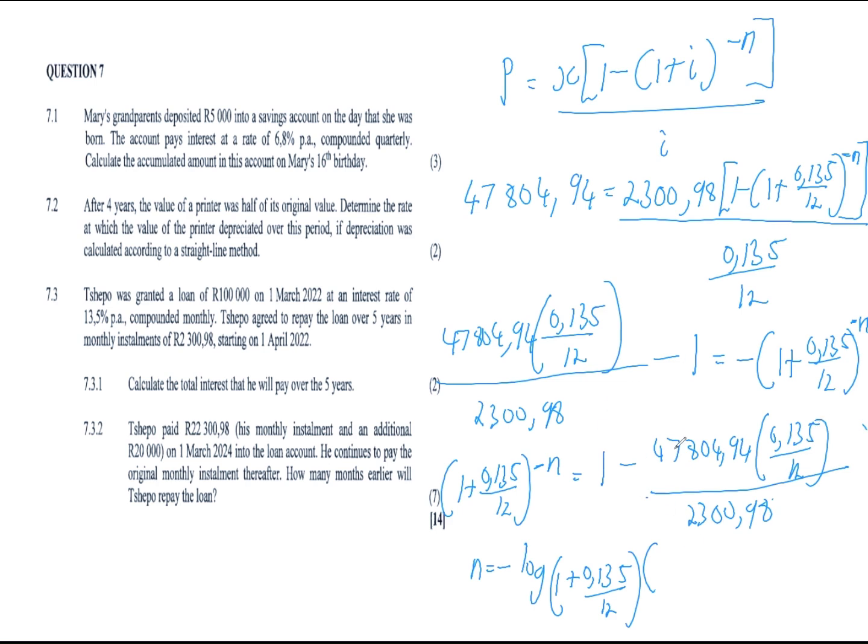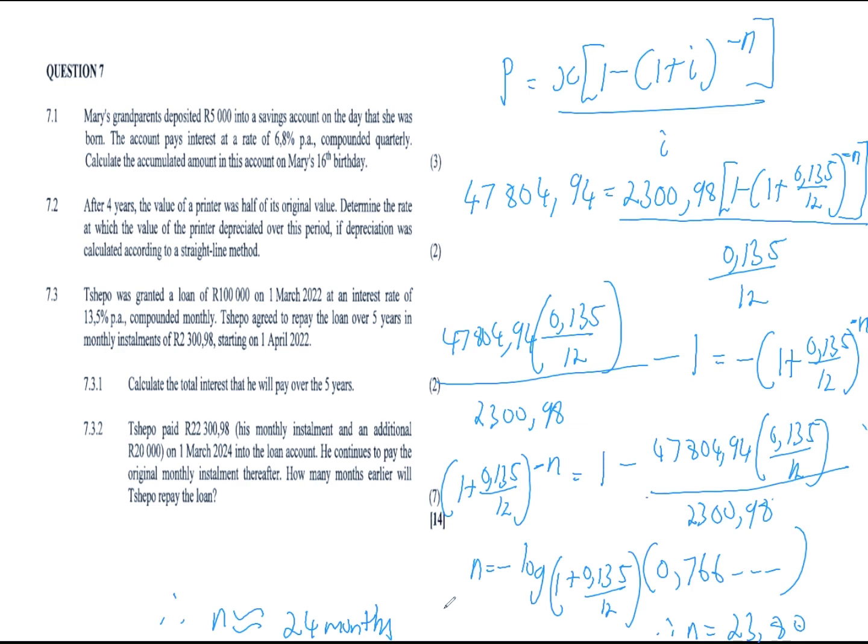So the answer to all of that, if you punch this into your calculator, should give you something like 0.766 something, right? Then punch all of that into your calculator. You get that your n is equal to 23.80, which in conclusion, we can say is approximately 24 months, right?